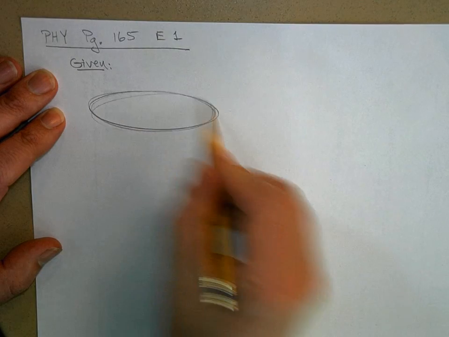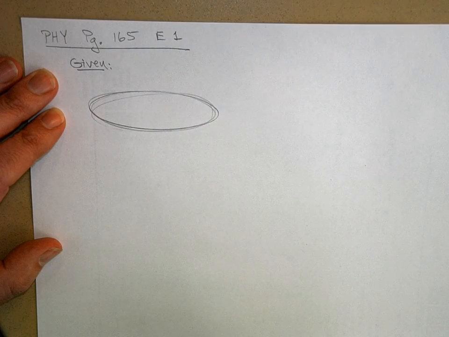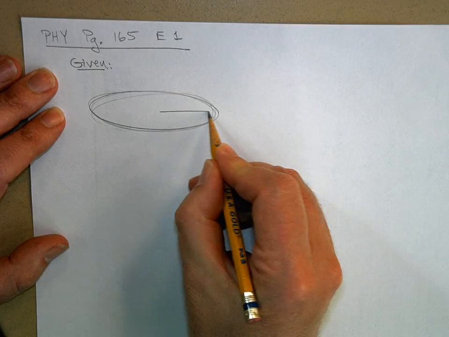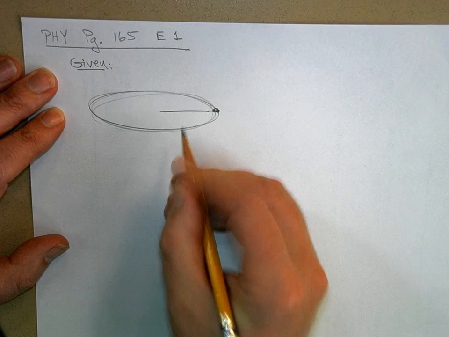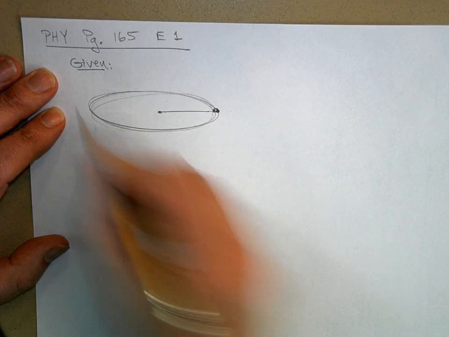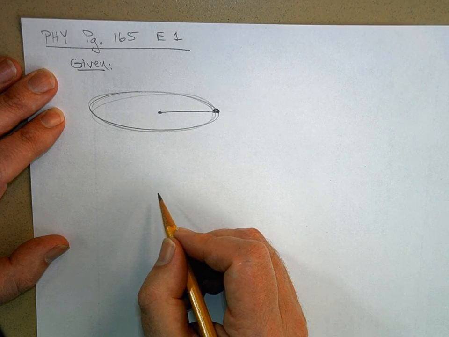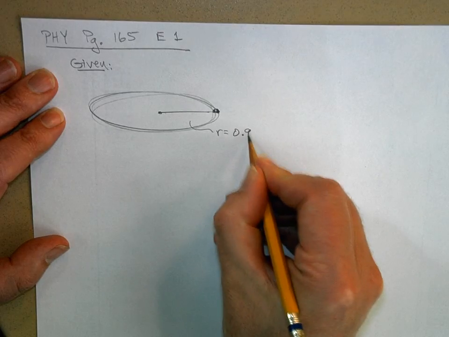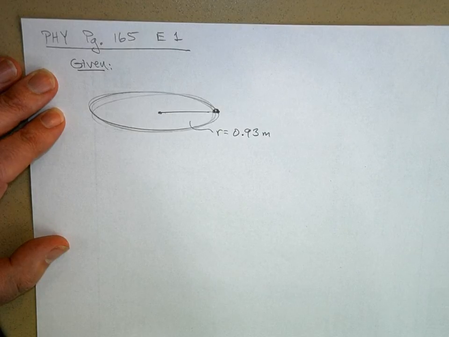Now I always draw it like we're looking at an edge-on, oblique view. So here's the circle, here's the rubber stopper, and here's the center of the circle. It's just going around like this. And it says that the radius is 0.93 meters.